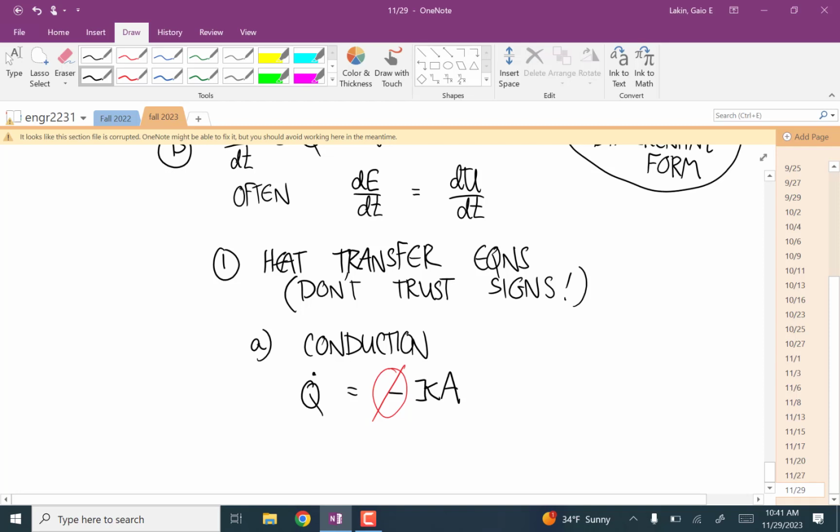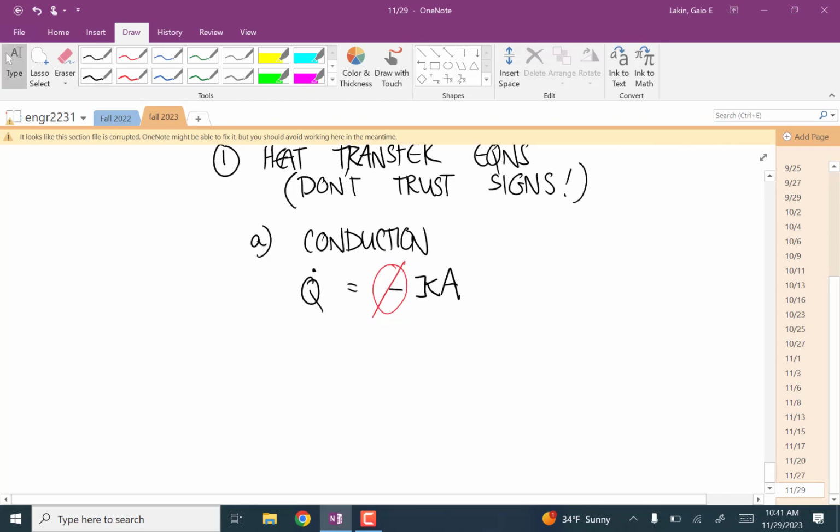It's equal to the coefficient of conduction, that's that kappa, thermal conductivity I guess it's called, times the area of the window that it's traveling through, times the gradient dT/dx.